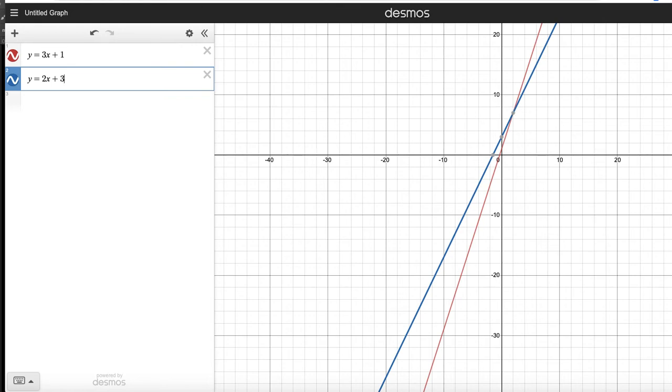So Desmos is a good way to check, and later on this assignment, this is going to be the primary method that we use for systems.